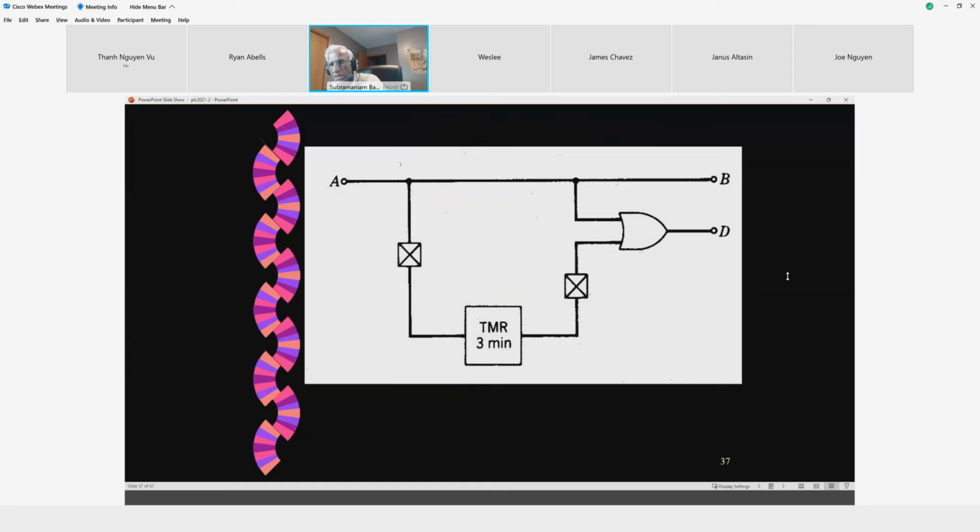So what we have here is a diagram which involves one OR circuit, 2 NOTs, and a timer, with the B and D as output and the A as the input, only one input. How do we know this circuit that is shown here works? Did I make a mistake?